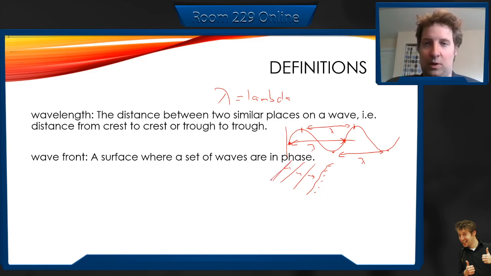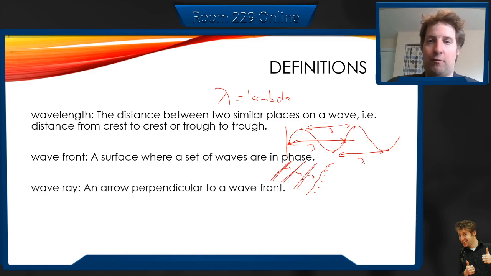This whole line of waves we call a wave front. And then the wave ray is a line going in a perpendicular direction to that. So when there are lines like this, we call that a wave front. Or if they're all coming out from, let's say, some sort of a point source, all of these lines themselves are their own wave front.